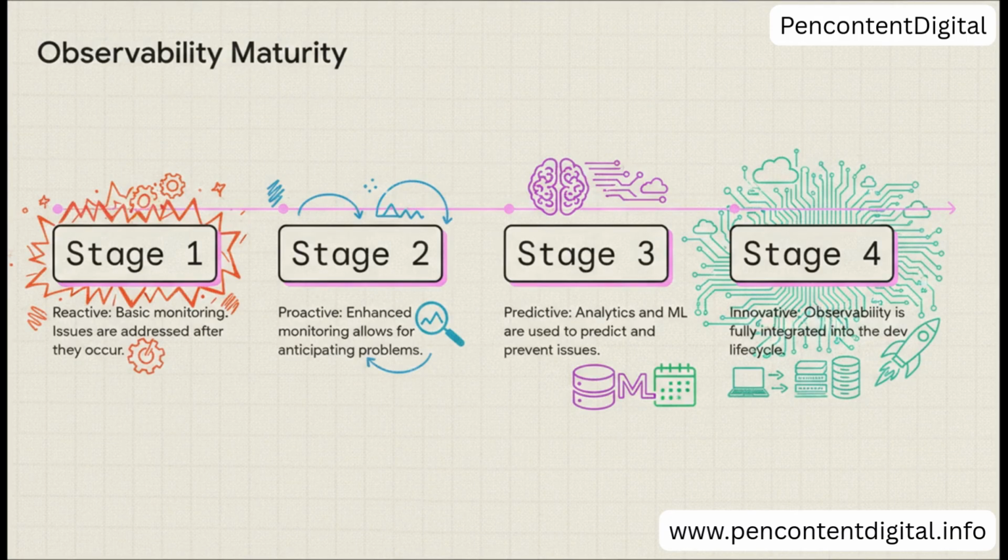An alarm goes off and it's all hands on deck to fix it. The goal is to move up to being proactive, spotting trends before they cause an outage. And then you get to the really advanced stages, predictive and innovative, where you're not just fixing problems anymore, you're actually using data from your systems to drive smarter business decisions. So take a look. Where do you think your team is on this model right now?